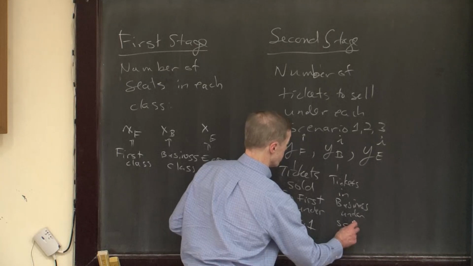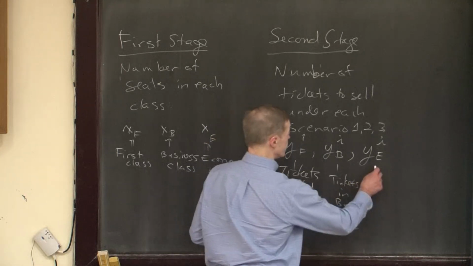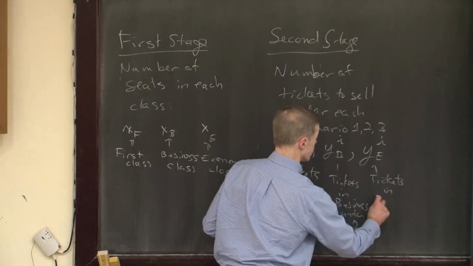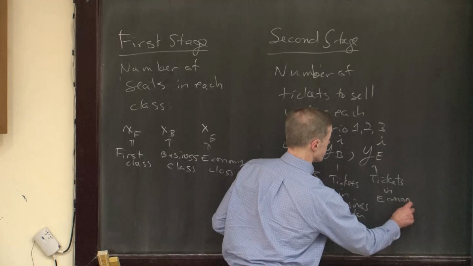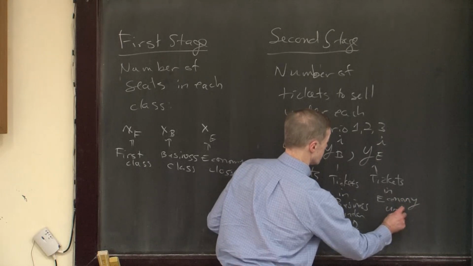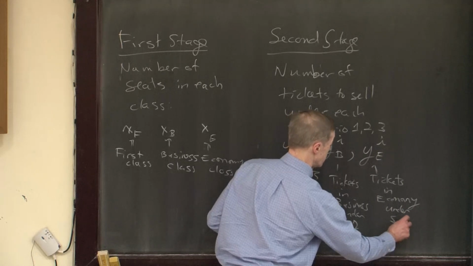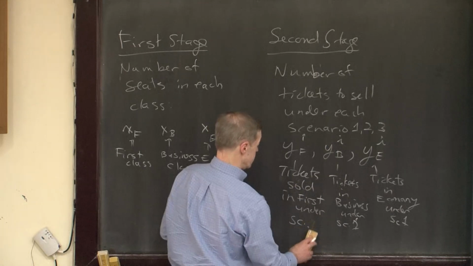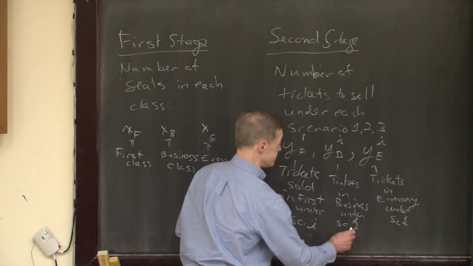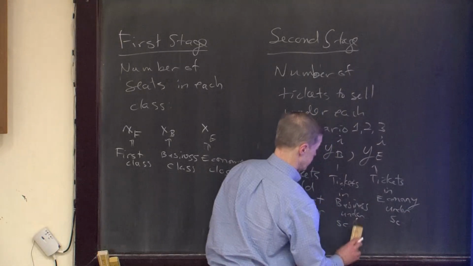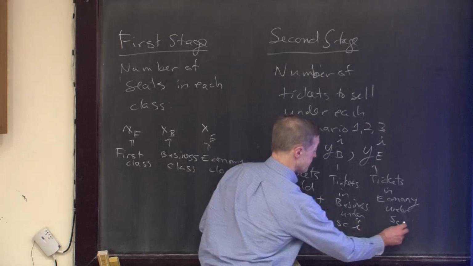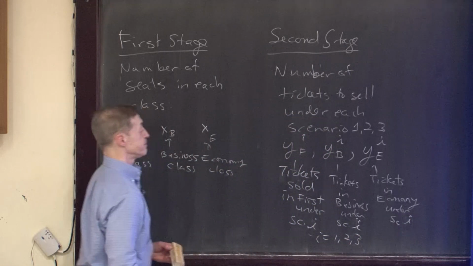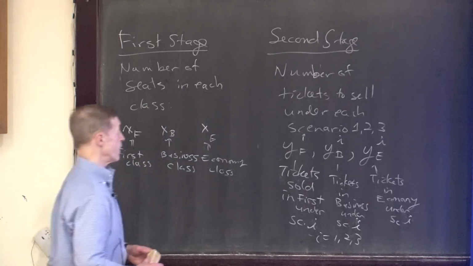And then this is tickets in economy under scenario i, where i is 1, 2, or 3.